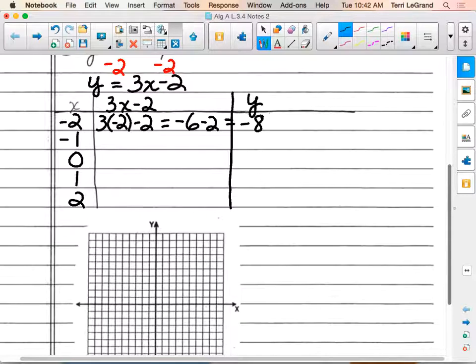So we substituted, following order of operations: we multiplied first, then we subtracted, and we got our y value. Now we're ready to write our ordered pair, x, y. So our ordered pair for this one is what? What's our ordered pair? Negative 2, negative 8.